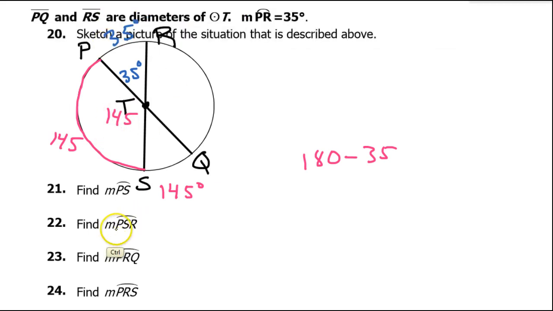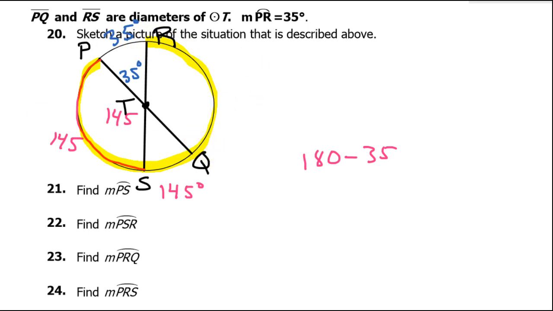Okay, how about arc PSR? Okay, PSR is this. It starts at P, it goes through S, and it keeps going all the way around to R. That's PSR.